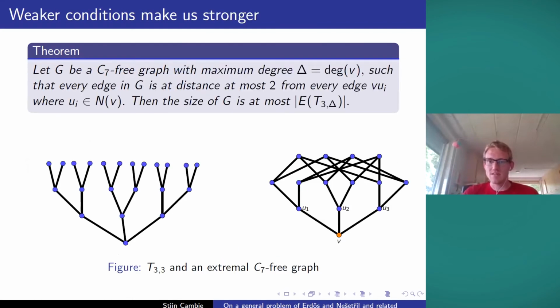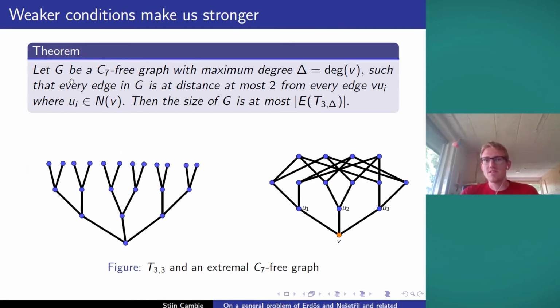So in that case, we get a theorem where on the one hand, we are asking for weaker conditions, but on the other hand, it's easier to prove, and then the result is a corollary of this.